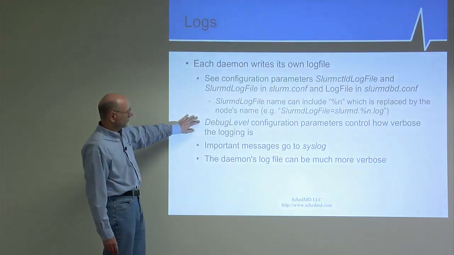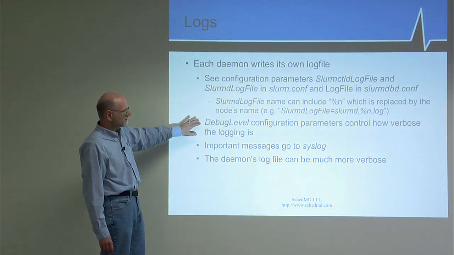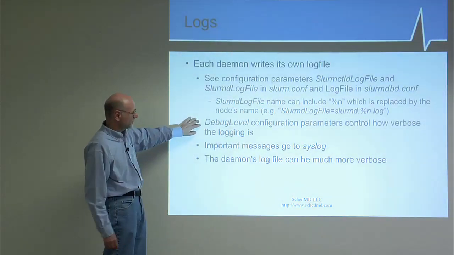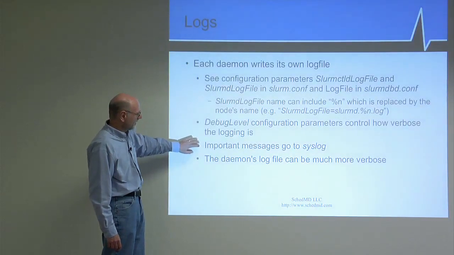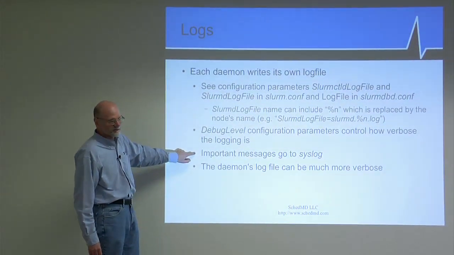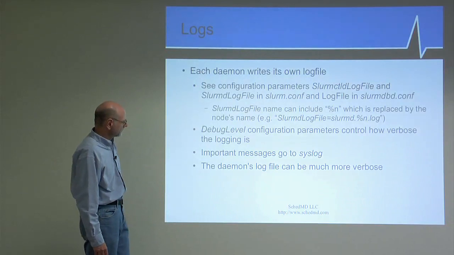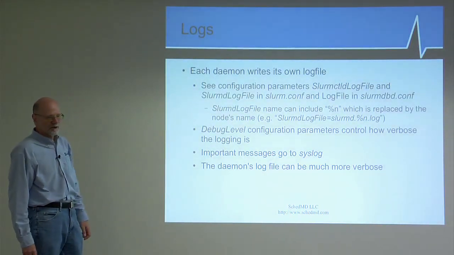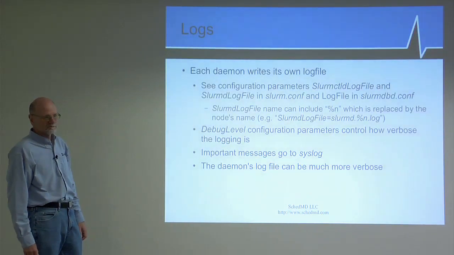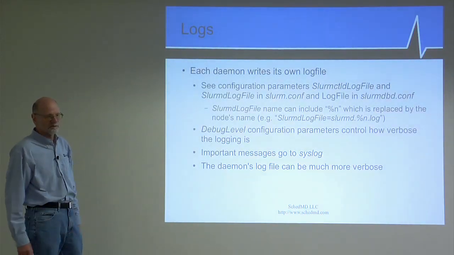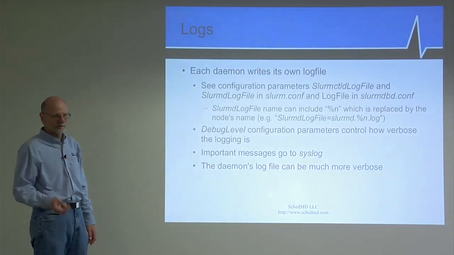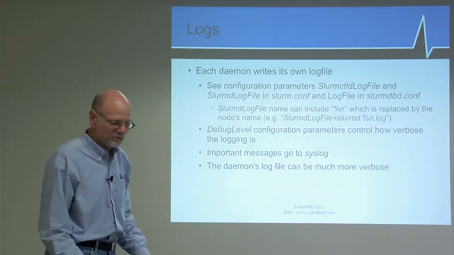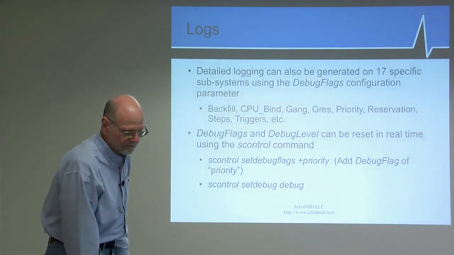There's a debug level configuration parameter that controls how verbose it is, like the -v's if you're starting your daemon on a command line. Important messages are also written to syslog. You probably want to configure log rotate too, so that if your logs get really big, something will compress them and move them out of the way. Otherwise, you could potentially fill up the disk with log files.